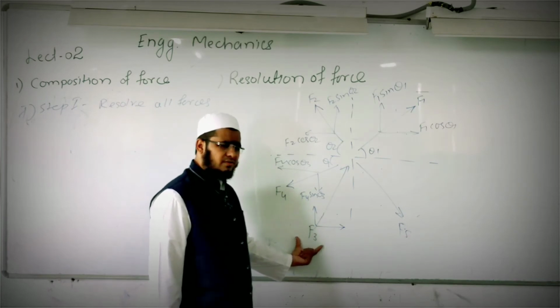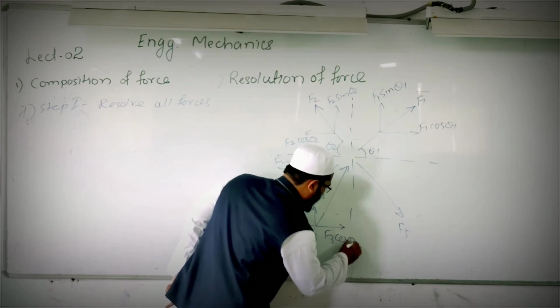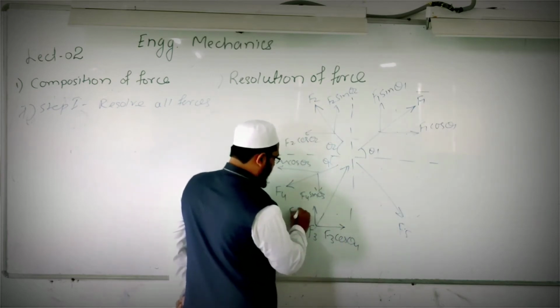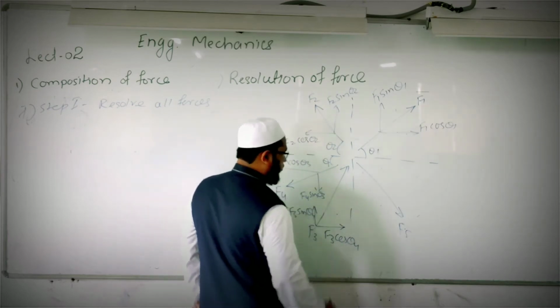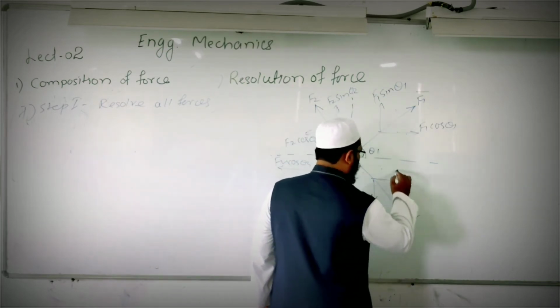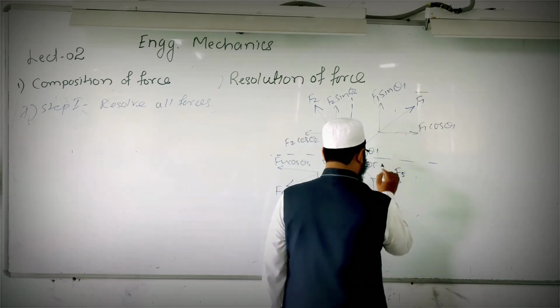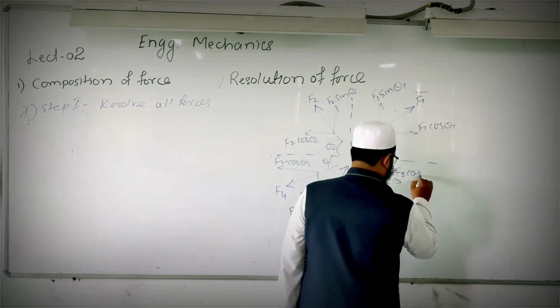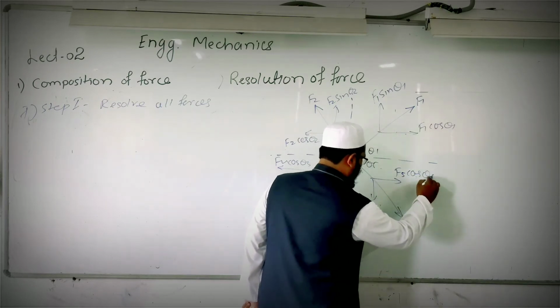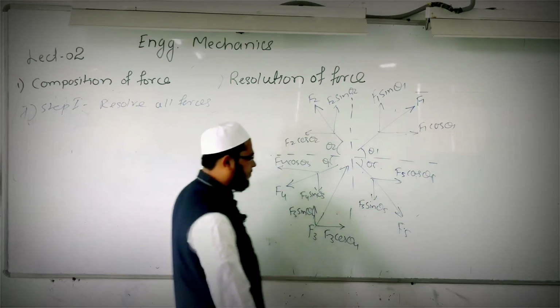F3 is in the first quadrant, therefore the horizontal component F3 cos theta 4 will be rightward and F3 sin theta 4 will be upward. F5 is acting in the fourth quadrant. F5, if the angle is theta 5, F5 cos theta 5, and here F5 sin theta 5.